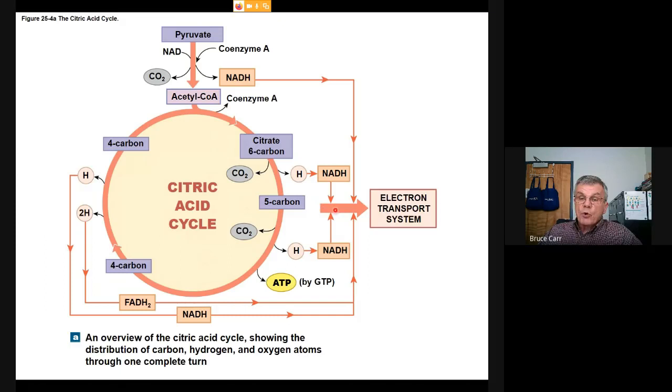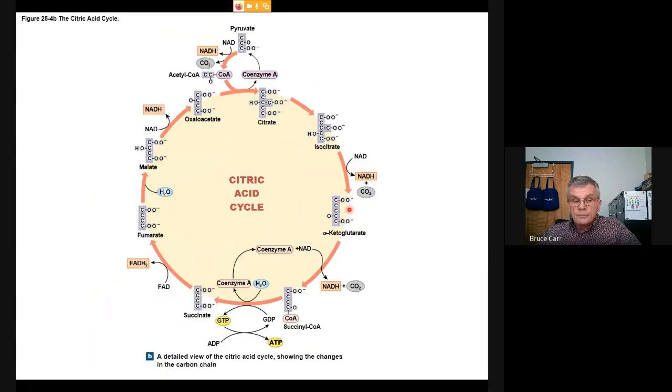They're going to be transported to another set of enzymes, a co-adapted complex of enzymes that form the electron transport system.